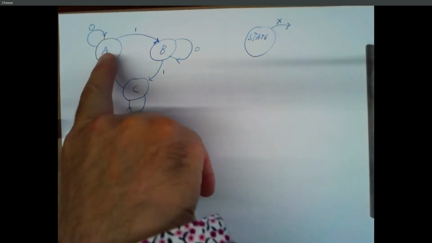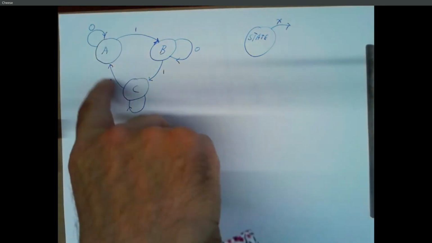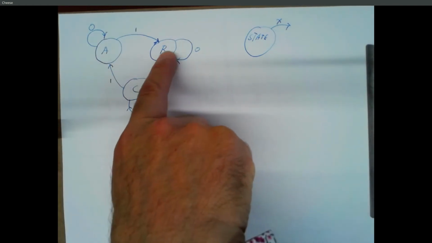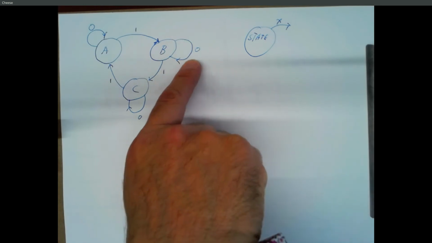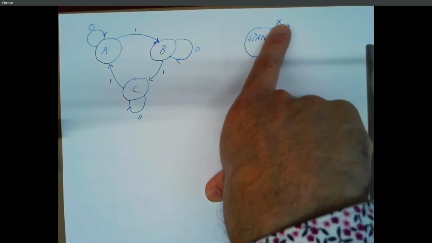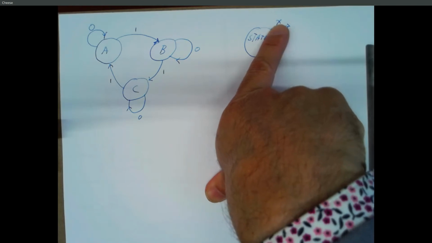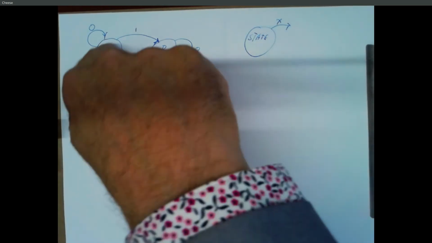If X is equal to 1, we're going to move from state A to state B to state C, back to A, B, C, and we're just going to keep hopping from state to state. But if X drops to a 0, we're going to stay in whatever state we're currently in. So X is 0, that's kind of like a pause. X is 1, that's kind of like a run or a go. And it just goes from state to state to state. And we'd like to design a circuit that gets this behavior.